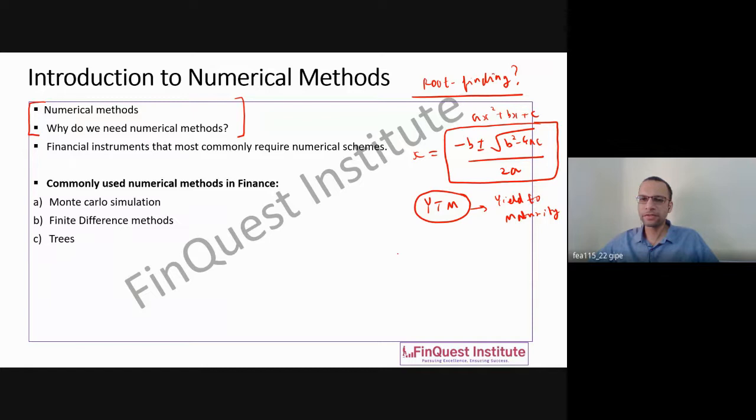So let me write this. Let's say I have a 3-year bond. Let's say it's an annual coupon paying bond, and let's take some value of coupon C and a face value FV.